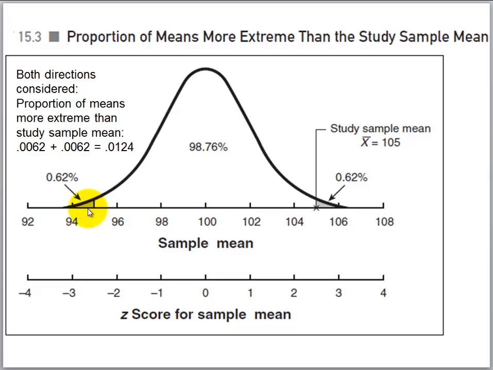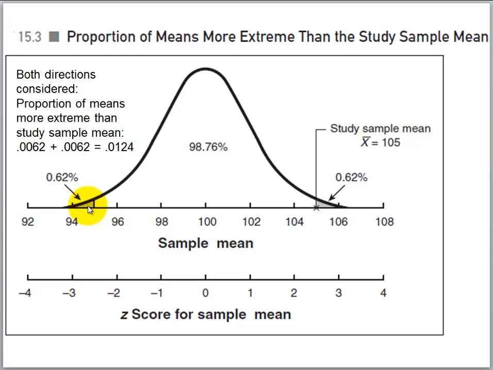Now, where are these 0.62% coming from? Well, one would go to the normal distribution table at the back of the book and find a z-score of 2.5, and you would see that 0.62% of cases, that's less than 1% of cases, have z-scores greater than 2.5, and then because our distribution is symmetric, you know that an equal percentage have z-scores of minus 2.5 or below.